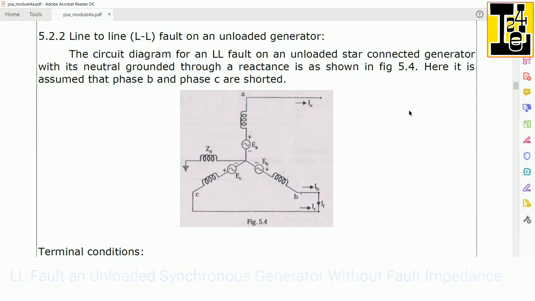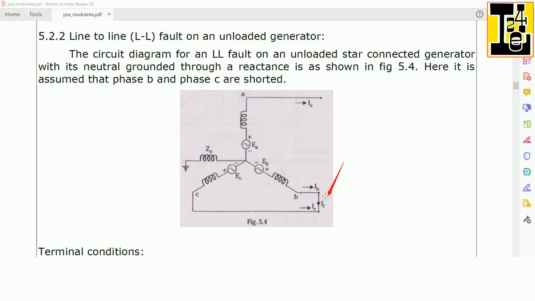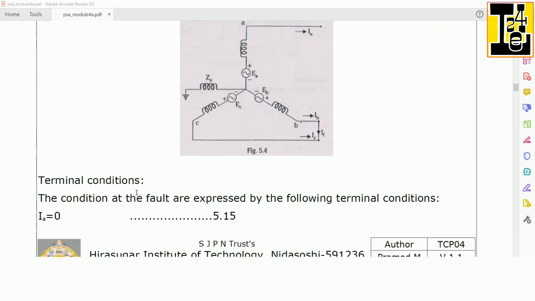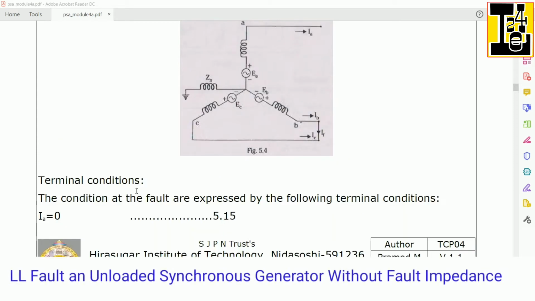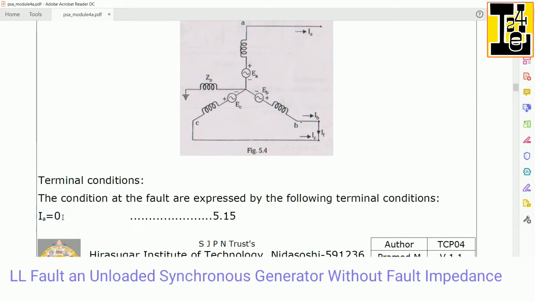Assuming that phase B and phase C are shorted together. Please observe here, phase B and phase C are shorted together. Writing the terminal conditions for LL fault on the terminals of the synchronous generator, IA is equal to 0.